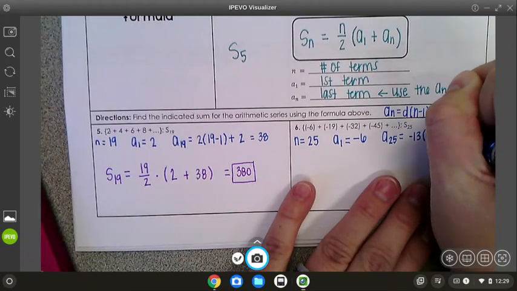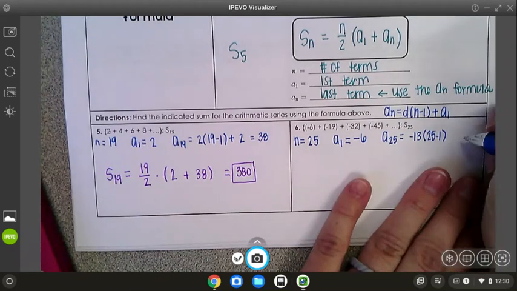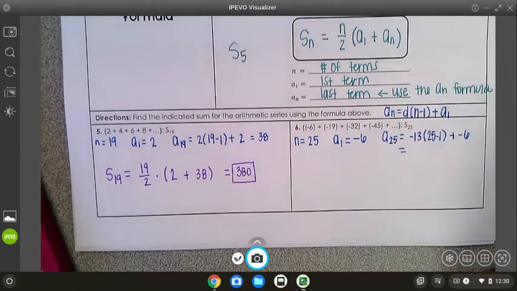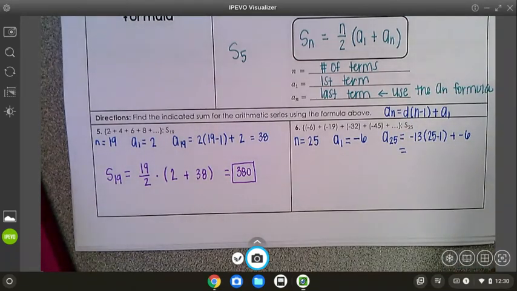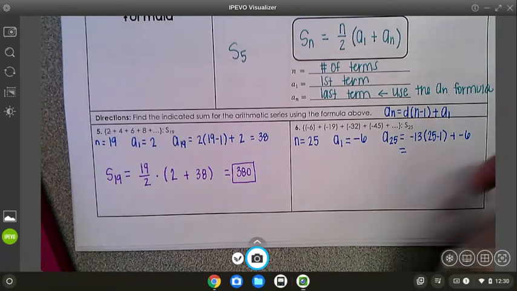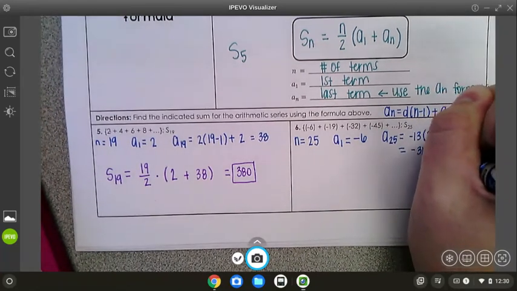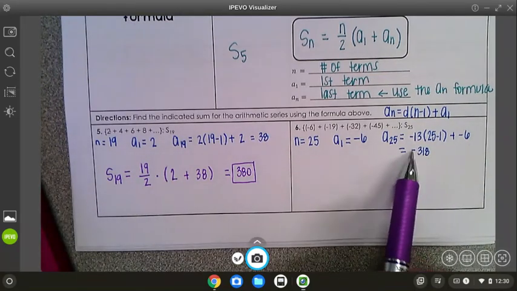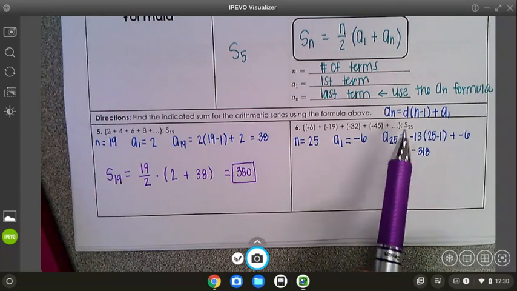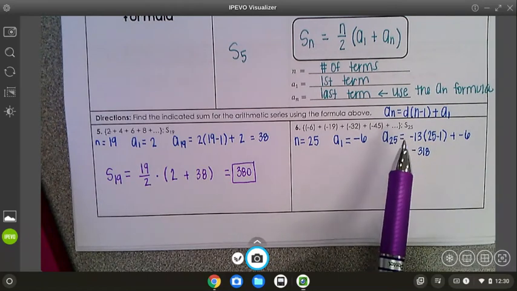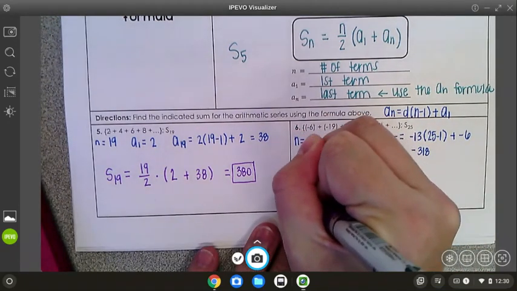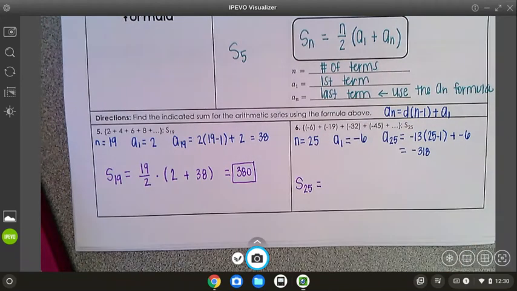And then 25 minus 1 plus -6. And this is -318. So this -318, that's not a sum. That is only the 25th term. We have to find the sum of the first 25 terms.